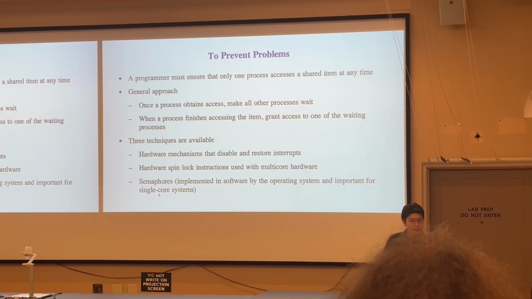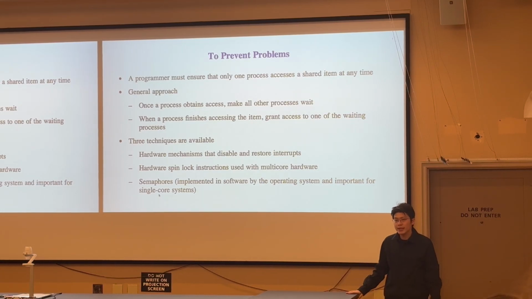Because of these differences, the spin lock and semaphore have their pros and cons in different usage scenarios. You want to pick which one is better depending on your usage scenario.